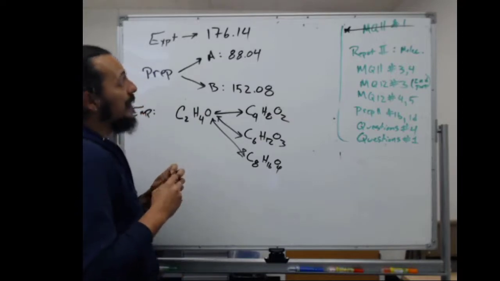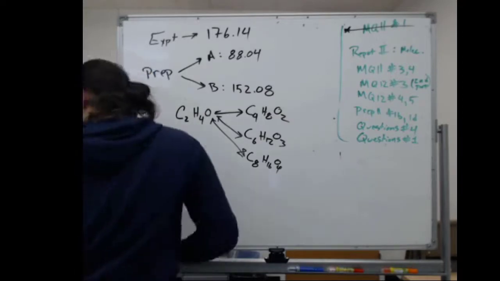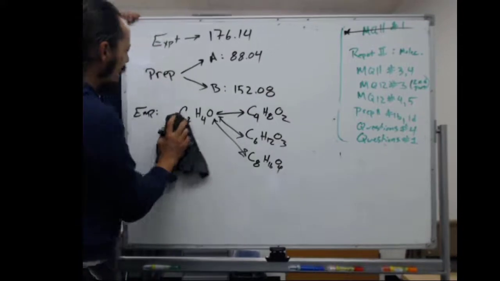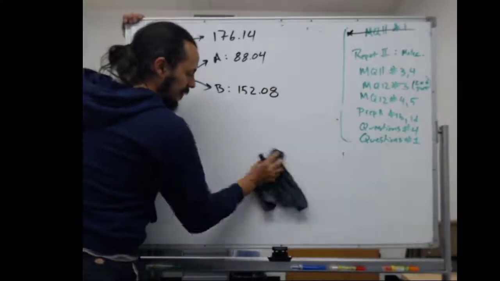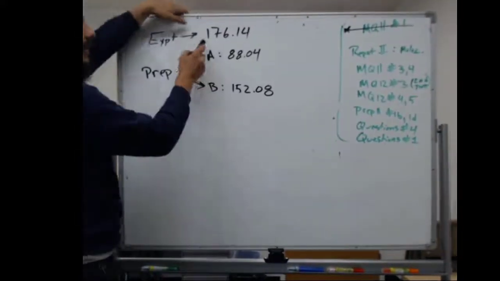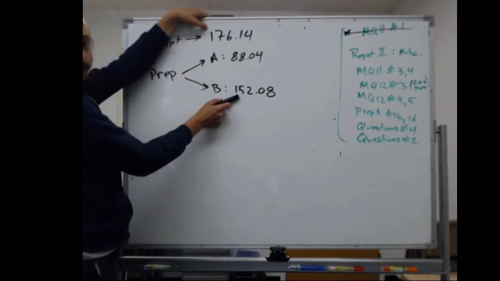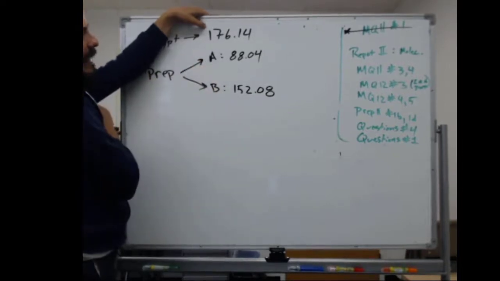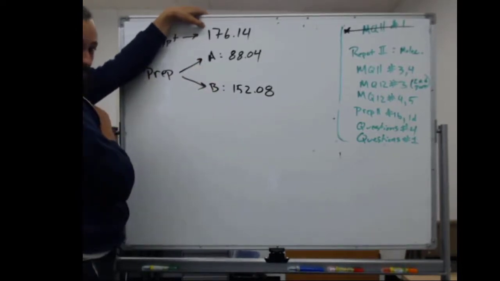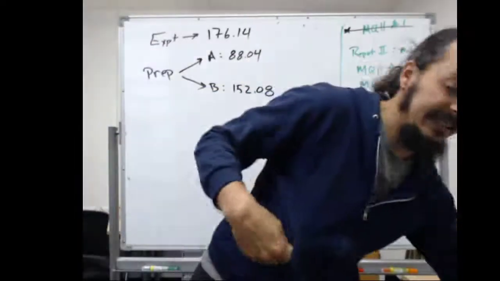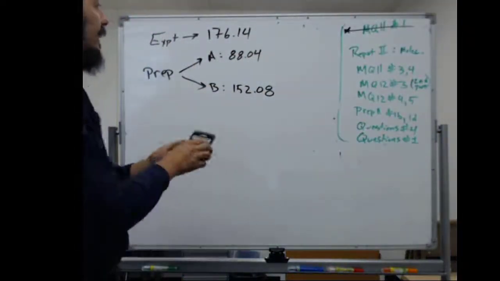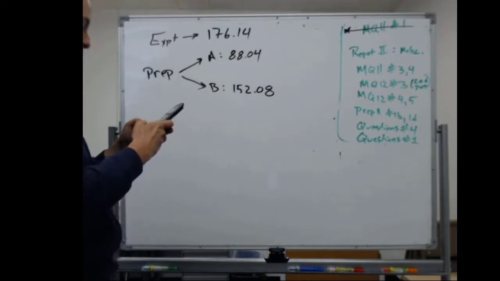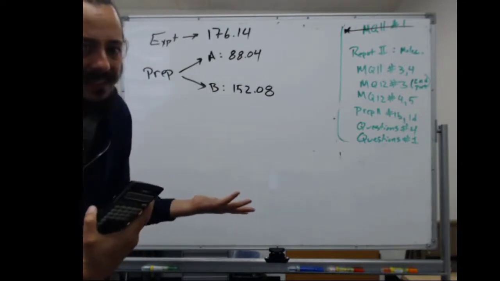So that means when we look at what you have going on, we look at 176 and we say, okay, is that close to 152? Somewhat, yeah. Kinda. What about double 88? It's a bit closer. So my guess is if I take 88 times 2, I get exactly 176.